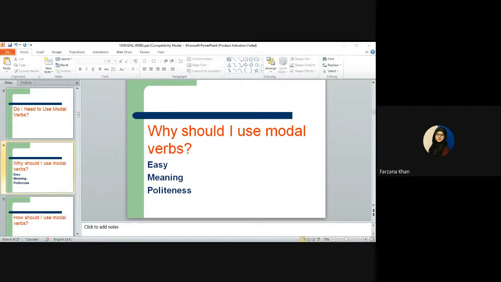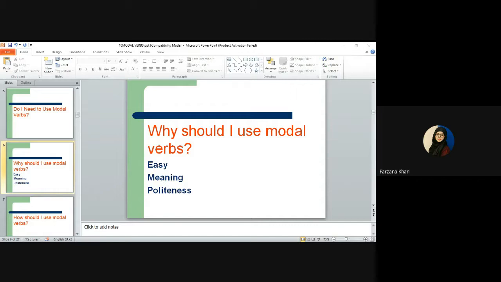So let's see, there are basically three main reasons why you should use modal verbs. First, it's quite easy to use modal verbs. They are really easy to use, and you have been missing out by not taking advantage of this linguistic opportunity. The other reason is their meaning.